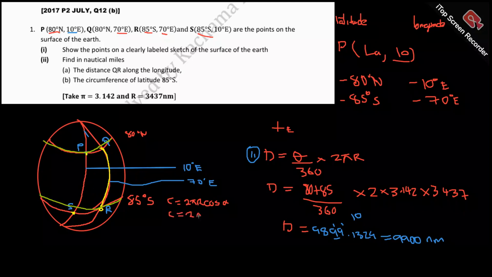So this is pi, then the r is going to be the same number, then cos alpha. The alpha, they're saying latitude 85. That's the alpha that we have. So the alpha is 85.